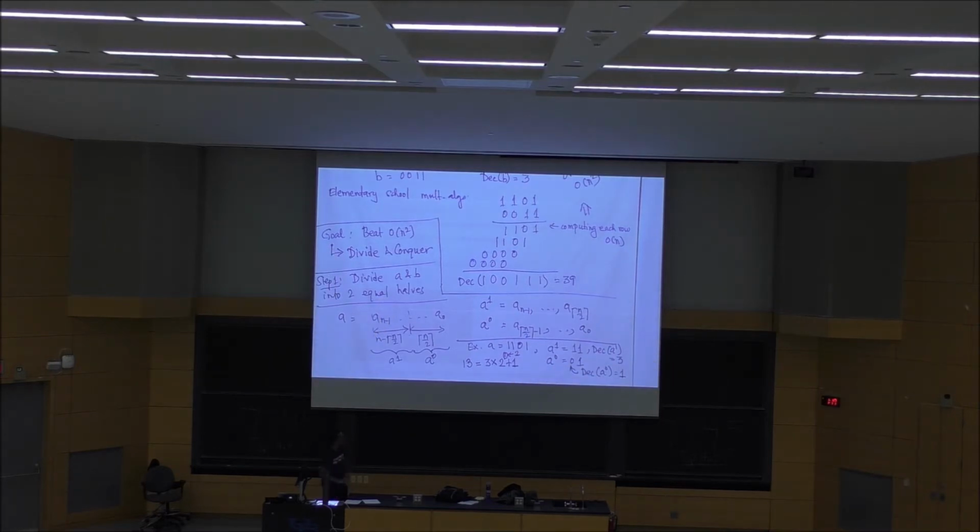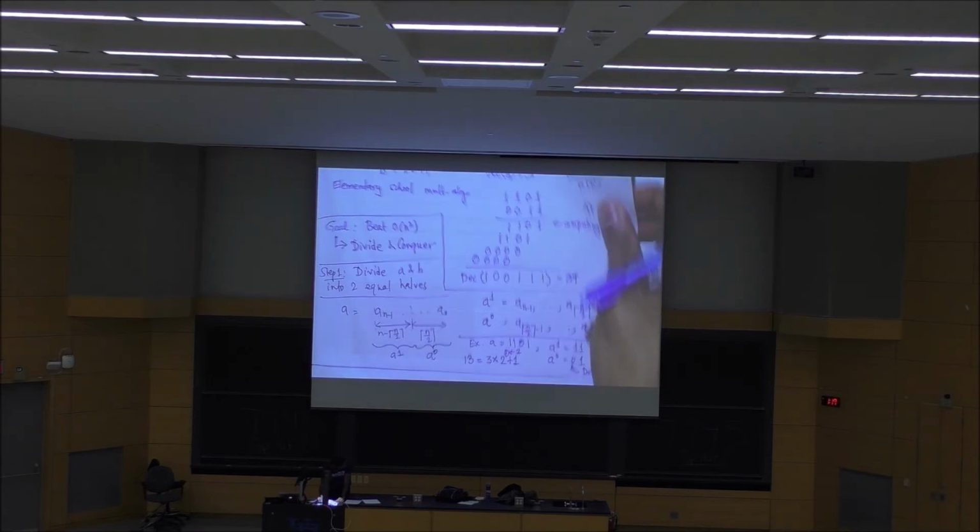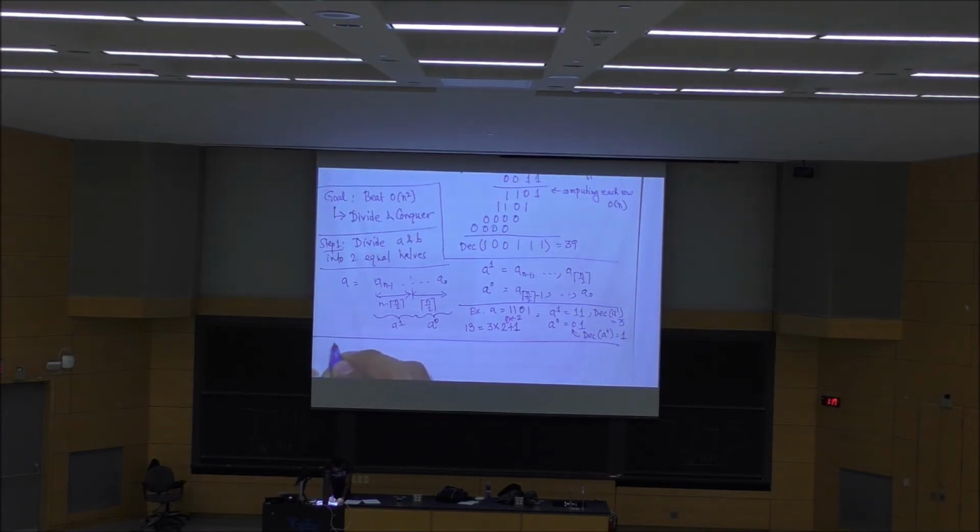And it turns out this is not a coincidence. You can prove that this will always hold in the following sense. Here's the claim that I want to make. If you look at the number A, I'll explicitly write it in terms of its decimal equivalent because I want to use its decimal expansion while proving this.